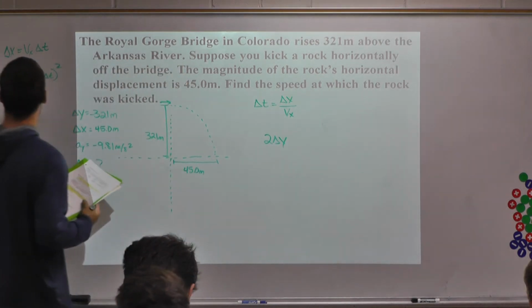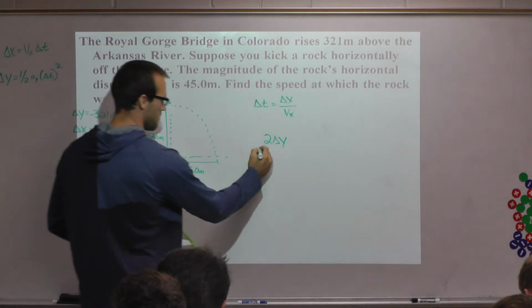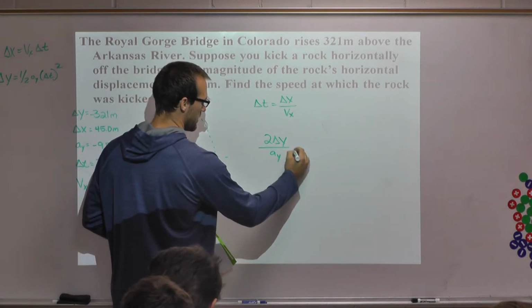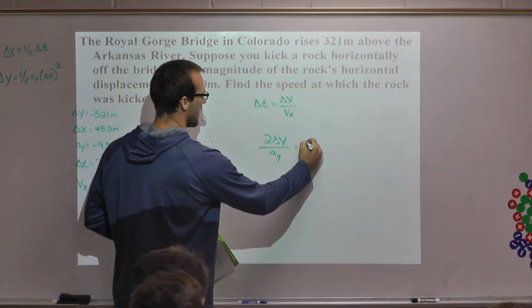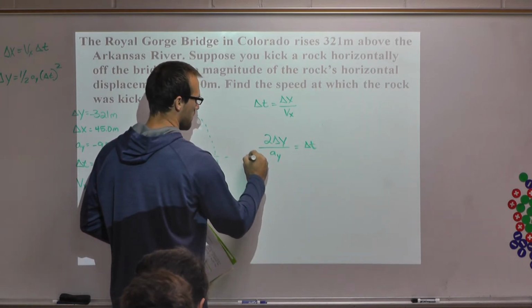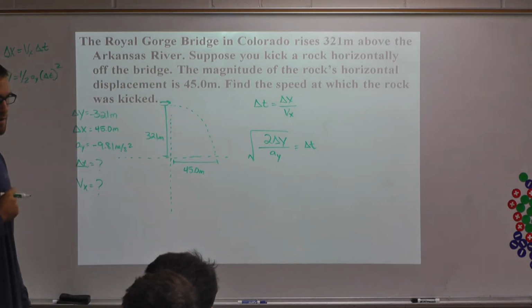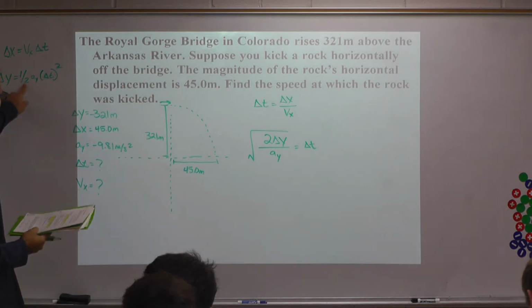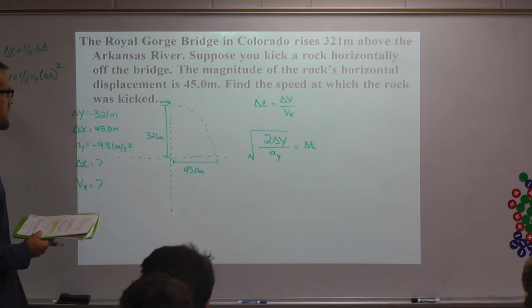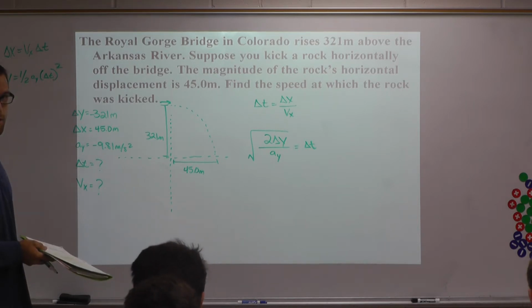So I'm going to divide by a half, and then divide by my acceleration. That should give me change in t squared. To get rid of the square, I take the square root. Everyone see what I did? Divided by a half, which is the same as multiplying by 2, divided by acceleration due to gravity, and took the square root to get rid of time squared.